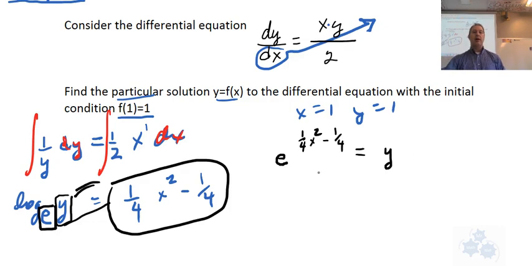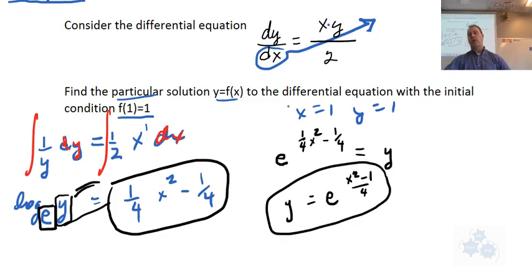Okay, that looks a little funny, but we're on the right track. Now the other thing you might want to do, I think in your textbook, I looked this answer up before, it doesn't show it like this. It kind of factors the 1/4 or brings them into one number there. So it looks like this. Now this is both 1/4, so they write it as 1/4 times x squared minus 1 as an exponent there. Okay, if you brought a 1/4 out and just multiplied that by x squared minus 1, that'd be fine too.